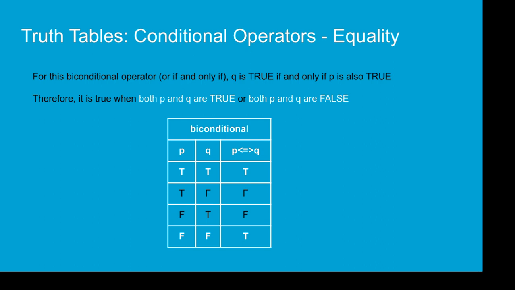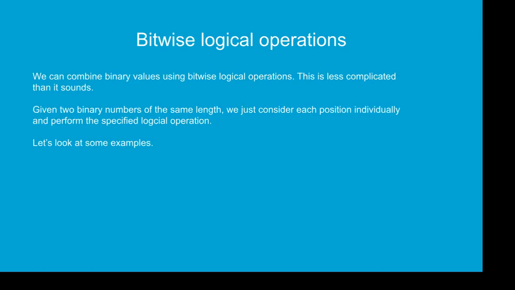Okay, so we're going to look at some examples shortly, but first we're going to look at bitwise logical operations, because this is another thing that we do. Bitwise logical operations sounds a lot scarier than it is. We can combine binary values of the same length with bitwise logical operations.